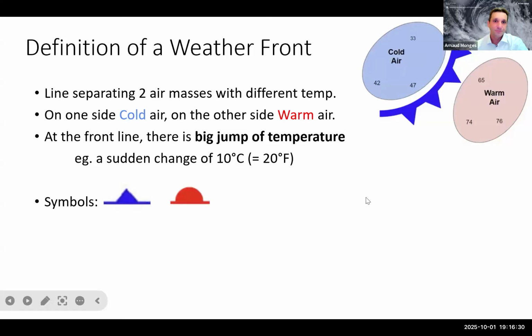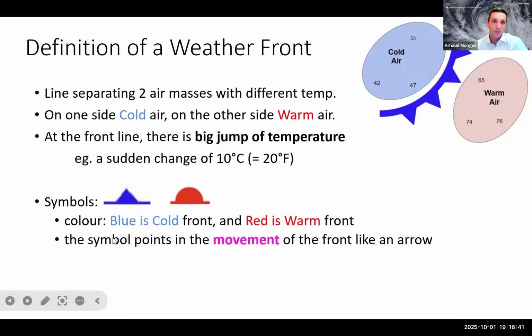the front. What are the symbols associated with the front, and what do they mean? The color obviously means the blue is a cold front and the red is a warm front. The symbols point in the movement of the front, like an arrow.